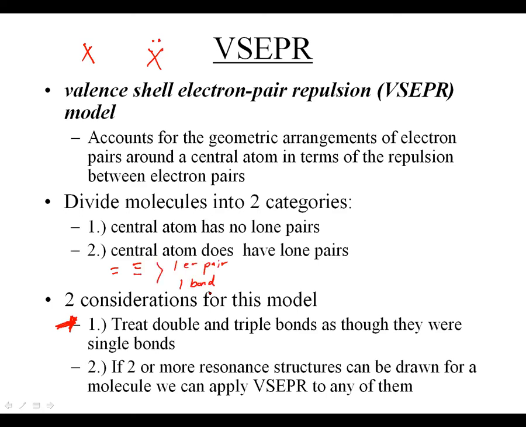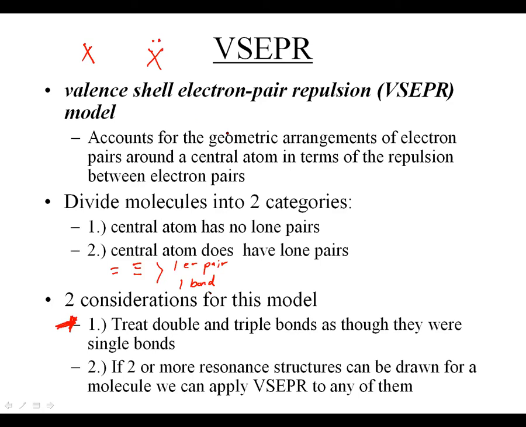So that's really important when you're doing geometry, and again, only when doing geometry. If you have a double bond or a triple bond, it doesn't matter in terms of this geometry. You want to count it as only one electron pair and also one bond.